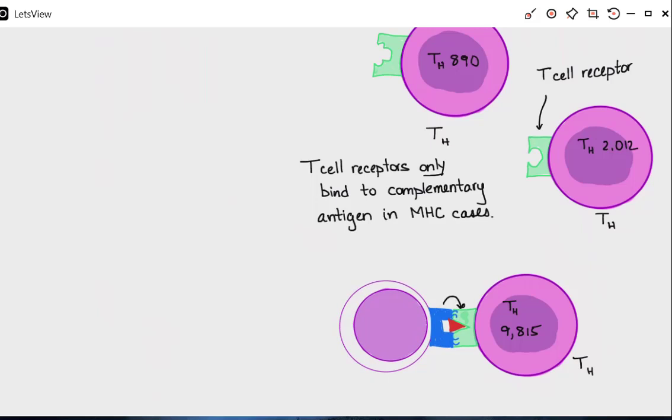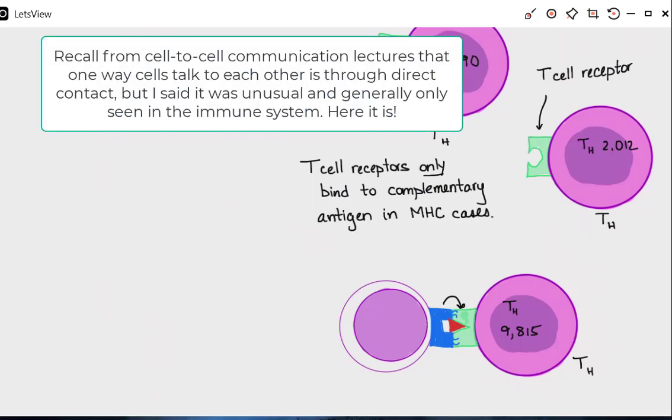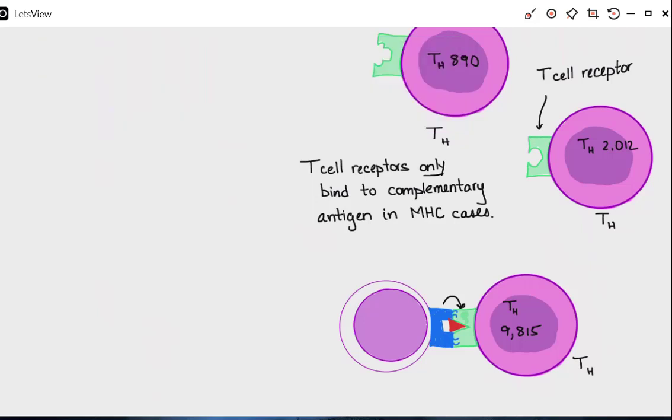And that grabbing is the cell-to-cell contact that basically stimulates conversation between these two cells. So once that grabbing occurs and the fit happens like a puzzle piece, whatever that antigen presenting cell is on the left is now talking to that T cell, and they're having a conversation.